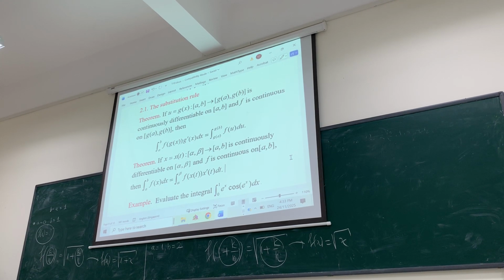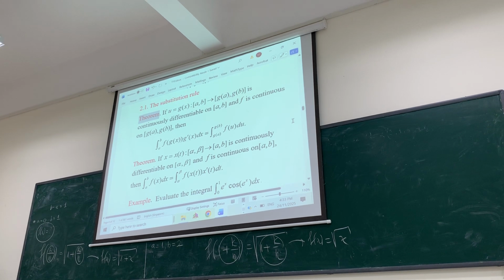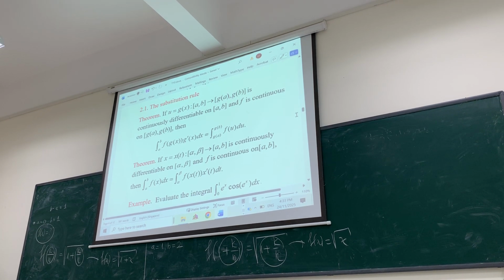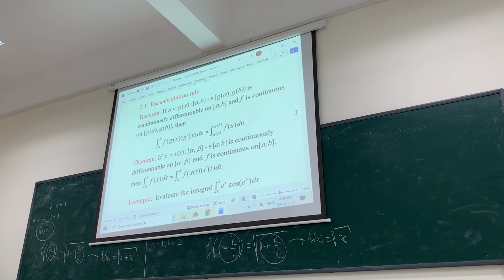Okay, it's an example. We use the first method. We take the new variable u equal to the exponent.